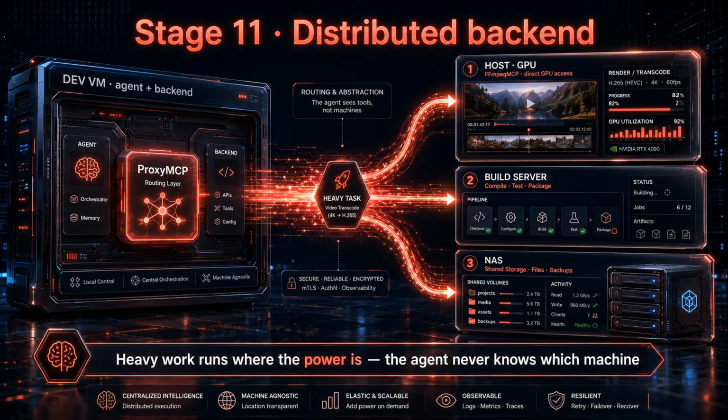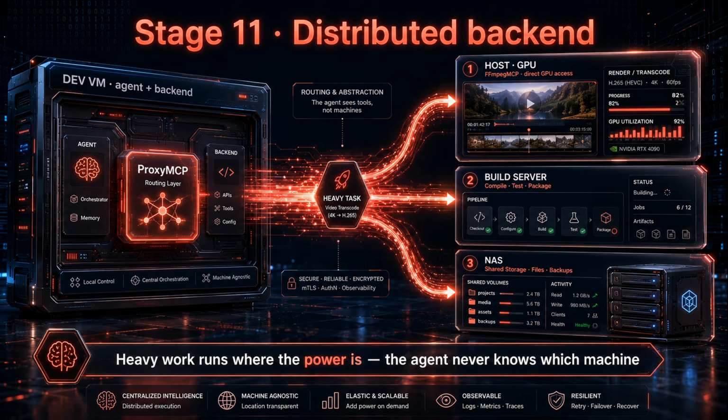Because my development environment runs in a VM, and a VM, as is well known, has no direct access to the graphics card, FFmpeg doesn't run in the VM, but directly on the host, with full access to the GPU. The agent gets the result as soon as it's done. Where the PC with the GPU sits doesn't matter to the agent. An ini file specifies that the FFmpeg server is installed on the PC named GPU.